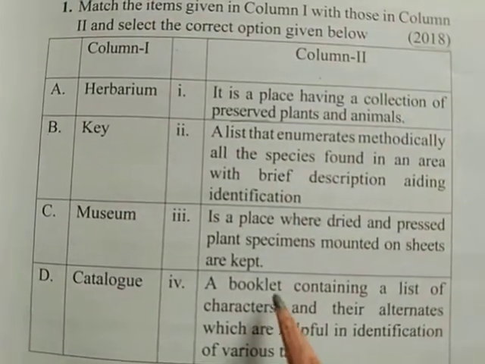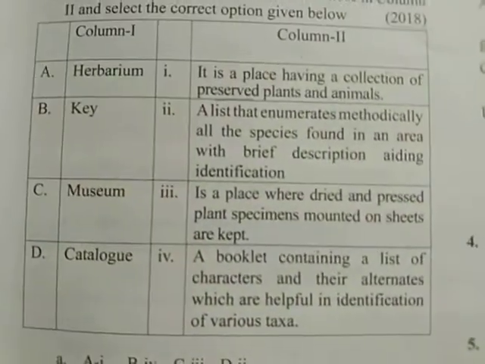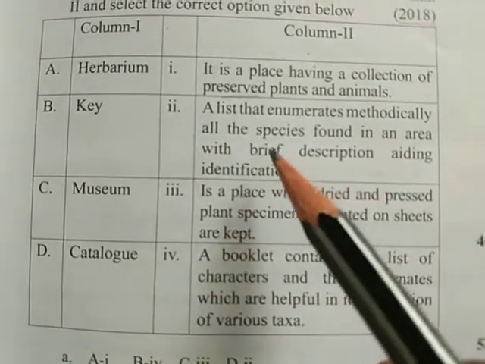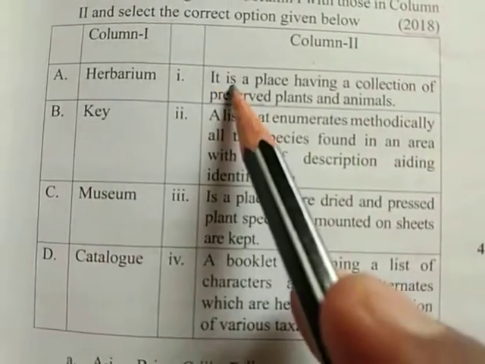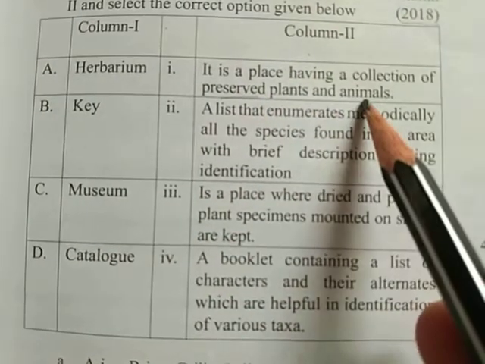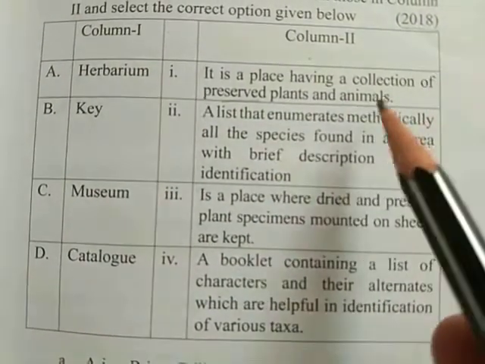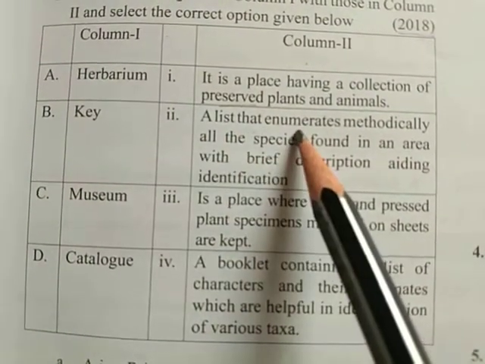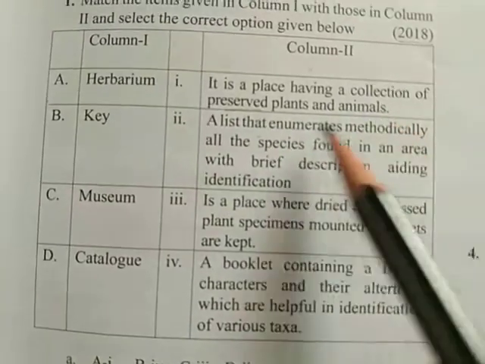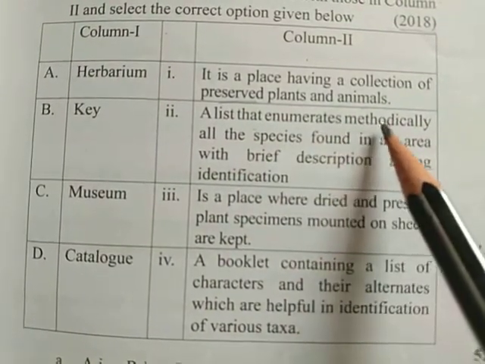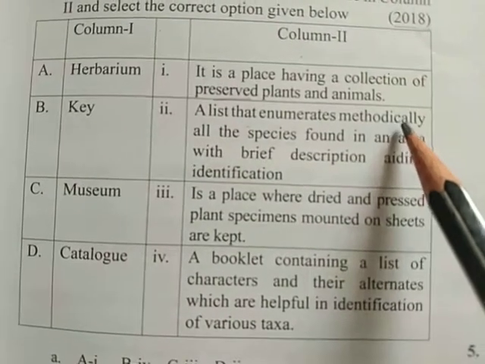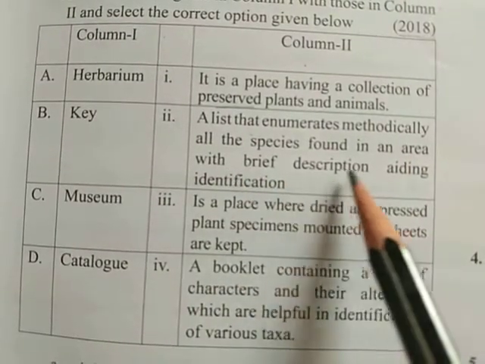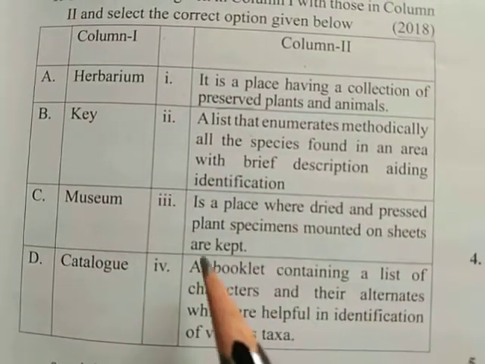We should read out all these first, then we can go for analyzing the right answer. Here the herbarium is given, but preserved plants and animals, herbarium is related to only plants, so this is not it. Then a list that enumerates methodically all the species found in an area with brief description aiding identification.